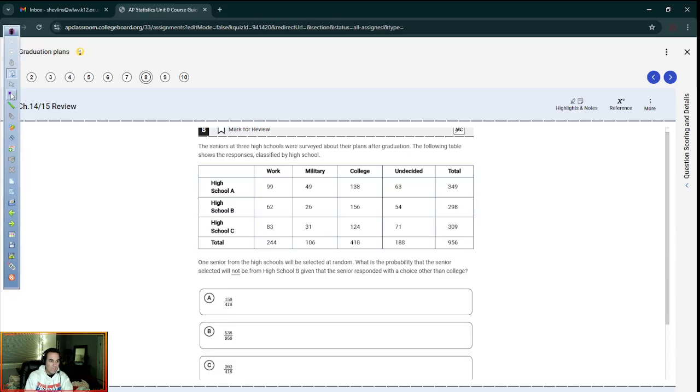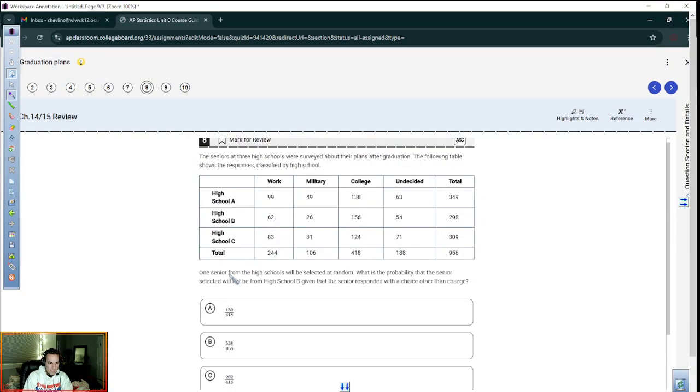So here we go. Probability. One senior from the high schools will be selected. What is the probability that the senior selected will not be from high school B, given the senior responded with a choice other than college? So, the probability they're not from B. Again, you guys, this is why my notation helps me.